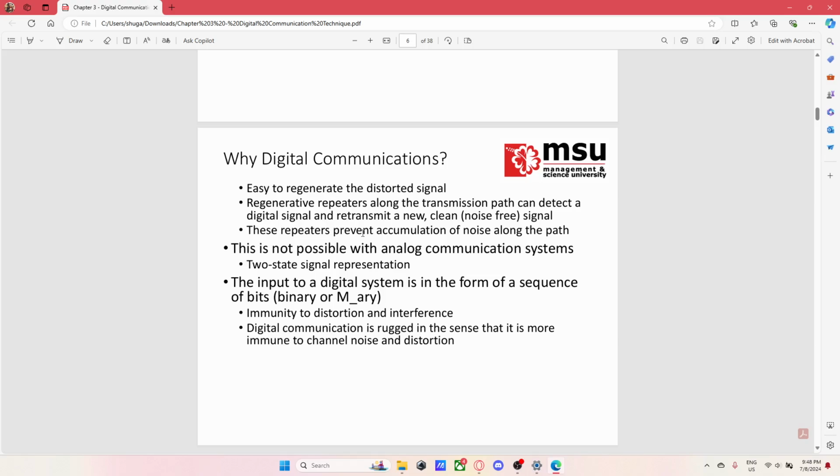So these repeaters prevent accumulation of noise along the path by using a feedback system. This is not possible with analog communication like AM or FM, and the input to a digital system is in the form of a sequence of bits.